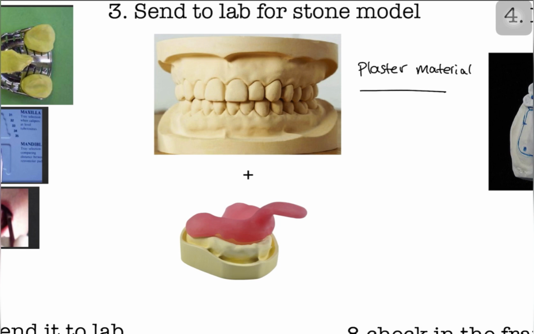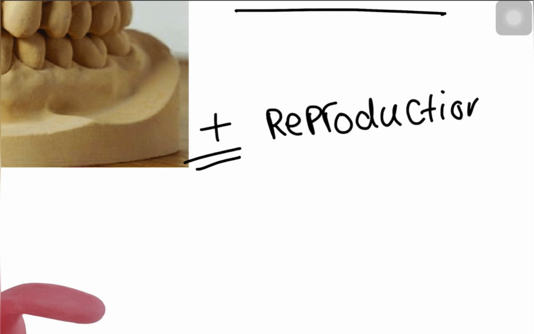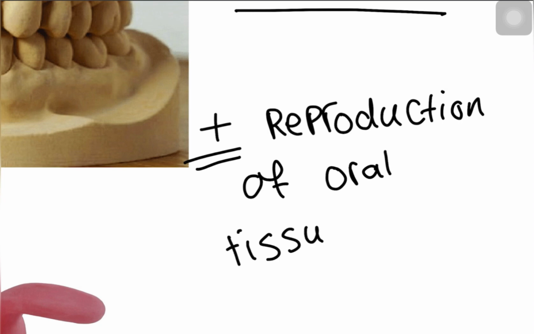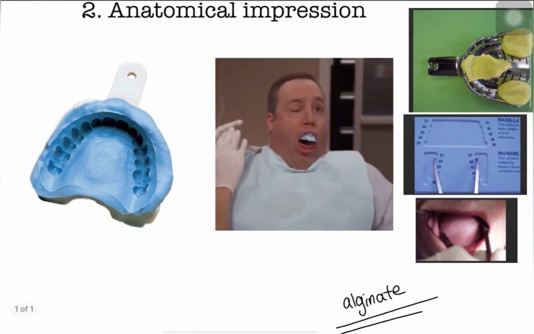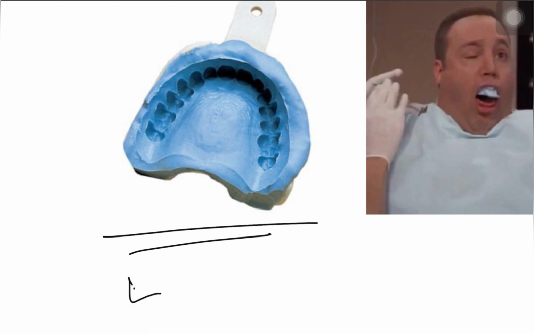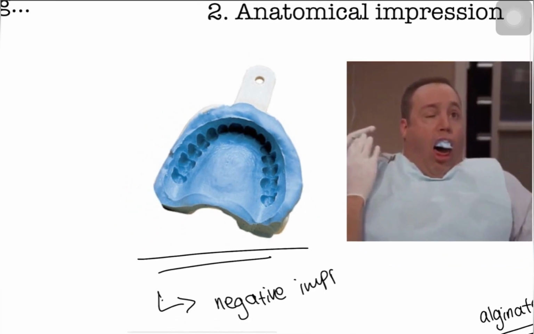Remember this, that this stone is a positive reproduction of oral tissue, while the impression that we took here is a negative impression or reproduction of the oral cavity.